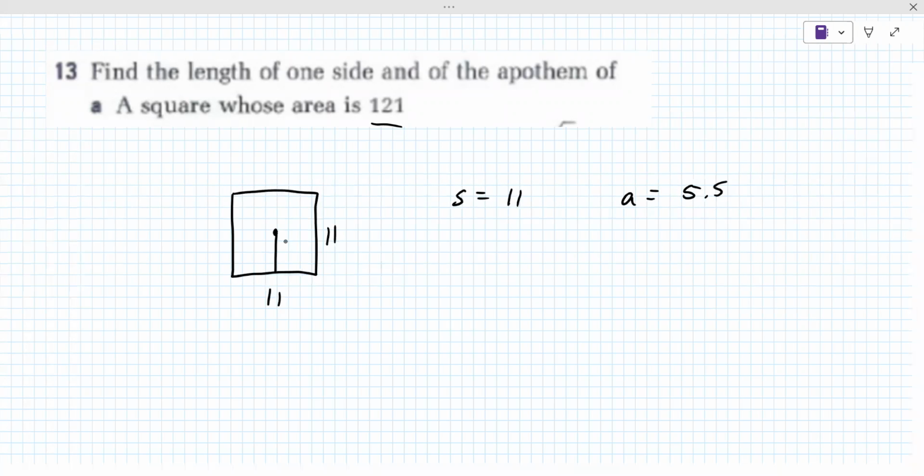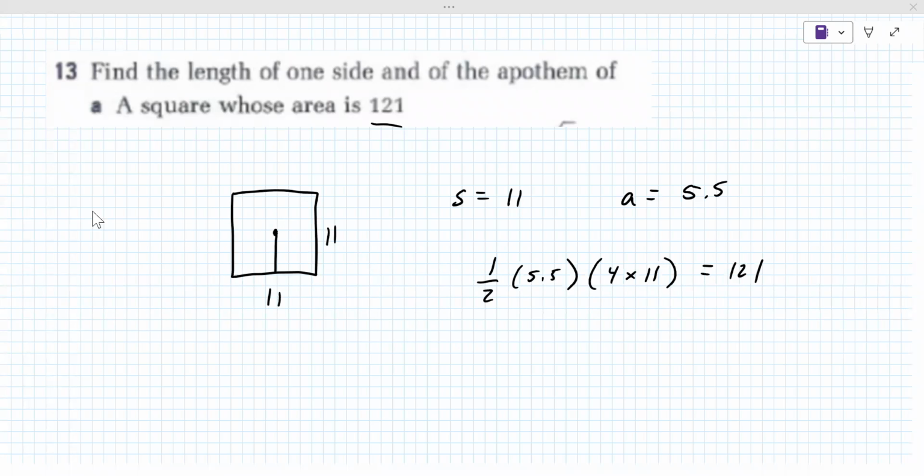So if you're like, all right, well, I don't even know if that works, you can always check, right? 1/2 the apothem, 5.5 times the perimeter, 4 times 11. And you will find that this does in fact equal 121. Okay, cool.